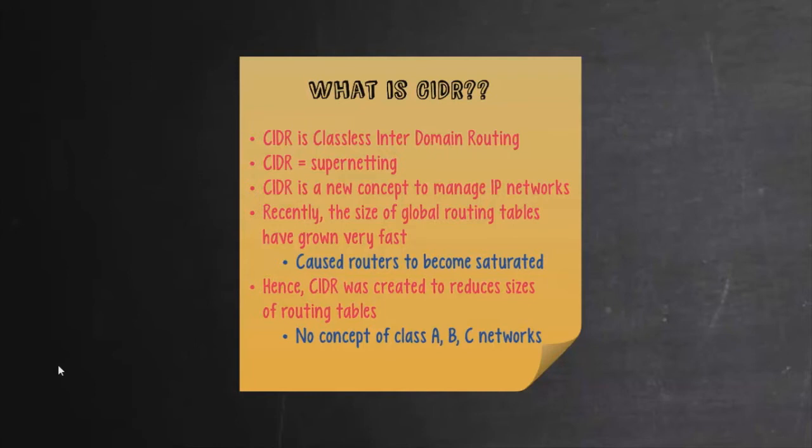Like a class C address in classful networking, /24 would indicate that 24 bits are used to identify the network and the remaining 8 bits are used to identify the host.